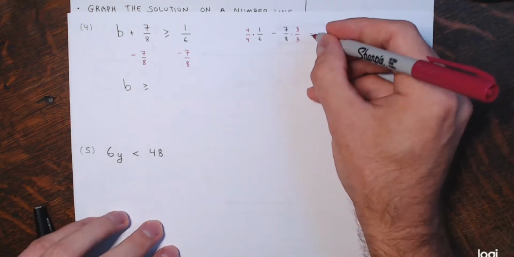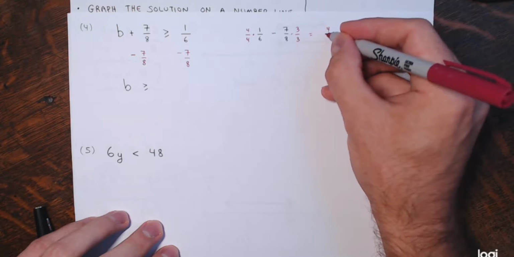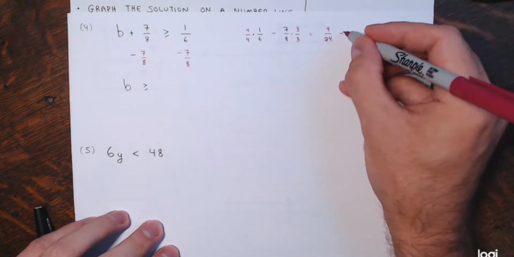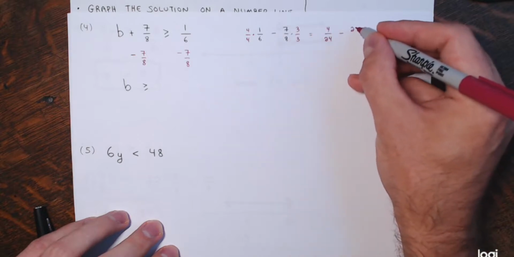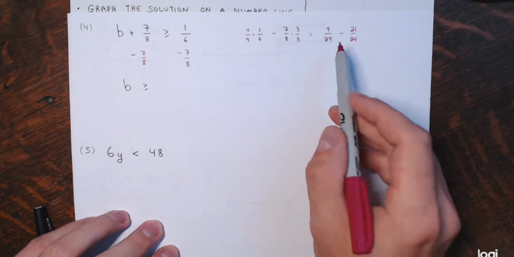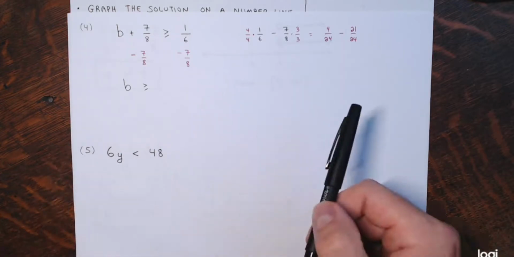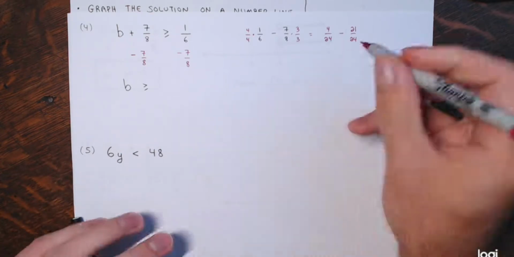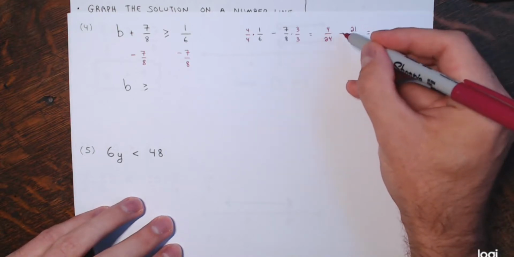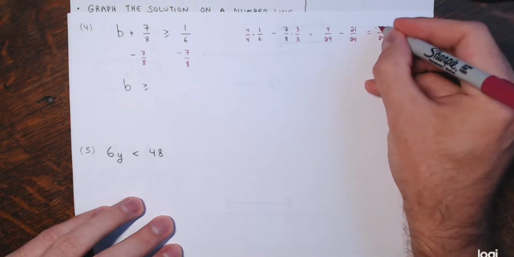And so we'd have 4/24, right, that's the same as the 1/6, minus 21/24, right, that'd be the same as the 7/8. And I got a common denominator here of 24, so that'll stay. And then 4 minus 21 would be negative 17.